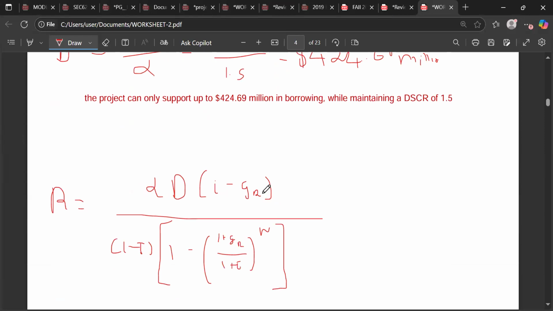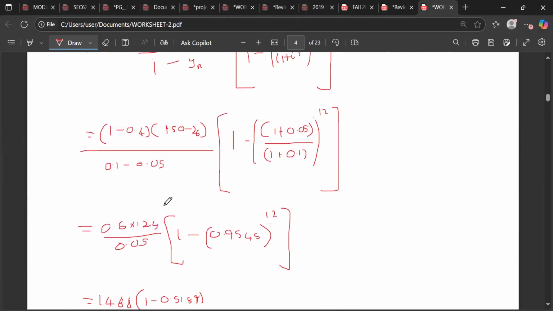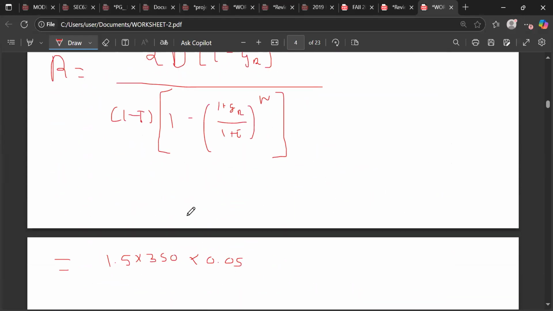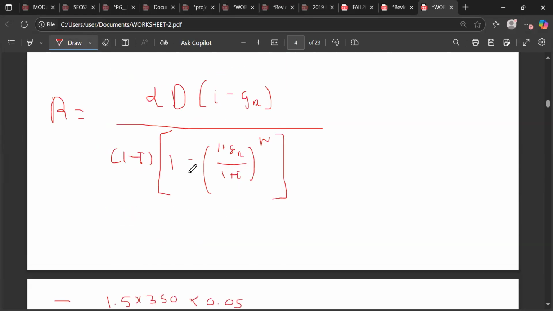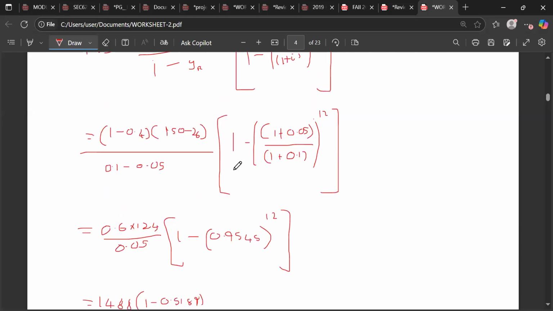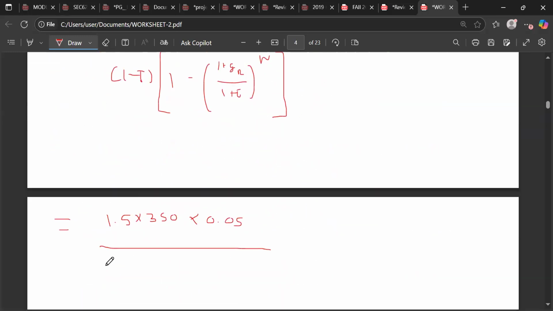We already found the denominator in the first question, we found that last time. So I say 1 minus t multiplied by this.